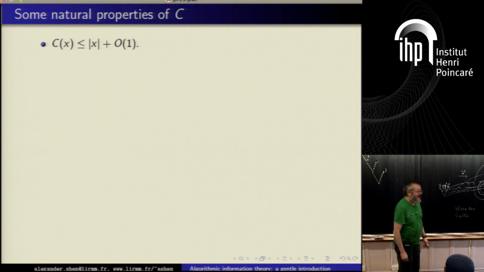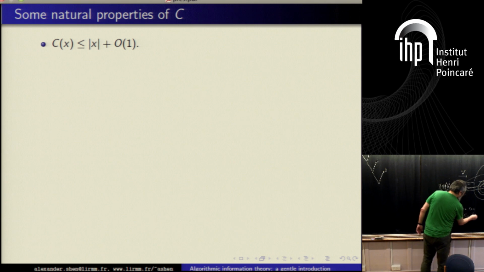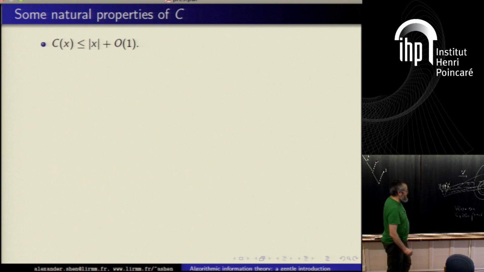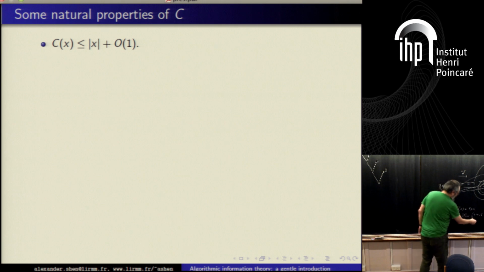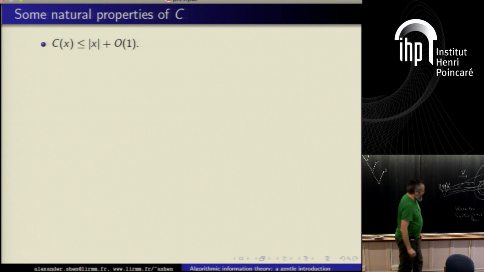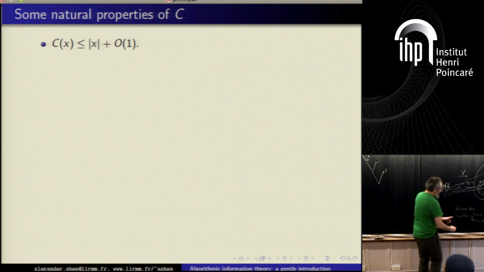Half of it is infinite, and half of it is length minus 1. So it's infinite if z doesn't start with 0, if z is 1 something, and it's length minus 1 if z is 0 w, because w is mapped to z.